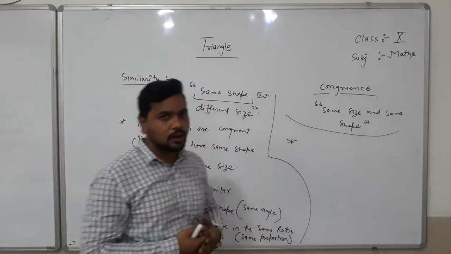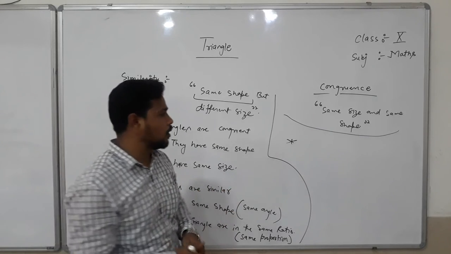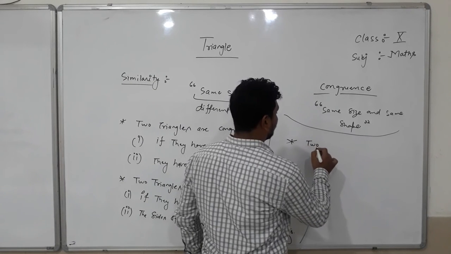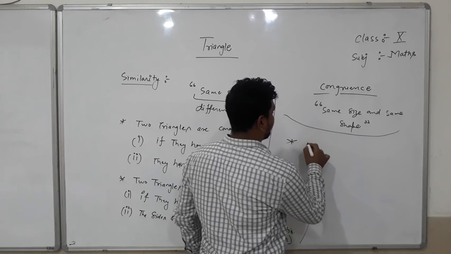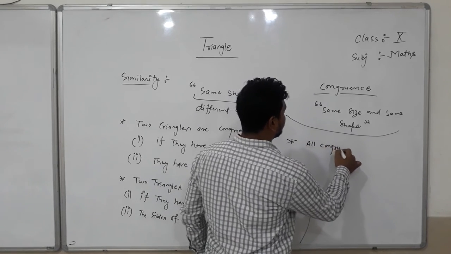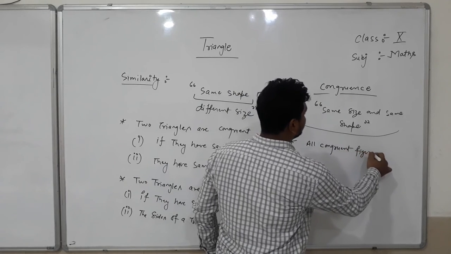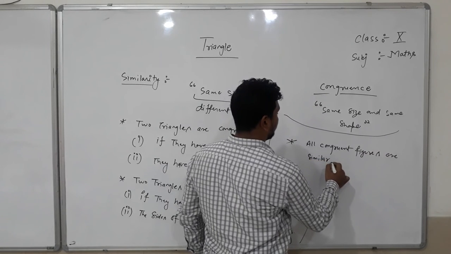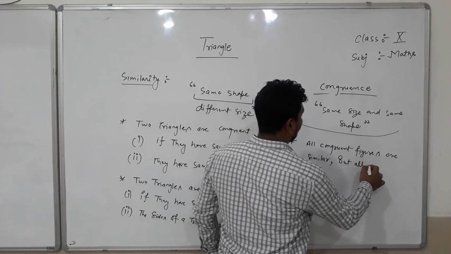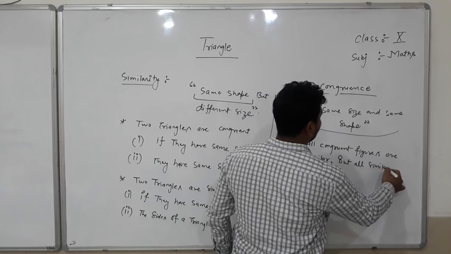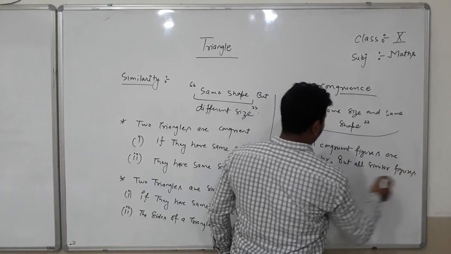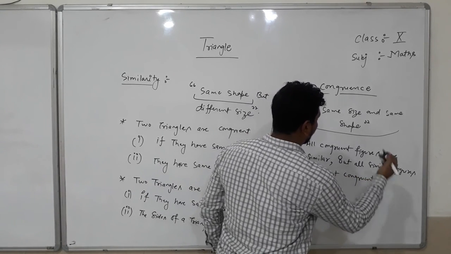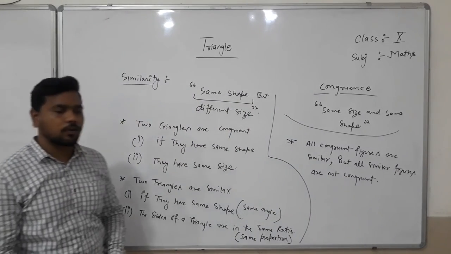If the sizes are not equal, then the figures will not be congruent. So students, you can write: all congruent figures are similar, but all similar figures are not congruent. Okay students, that is the theorem.